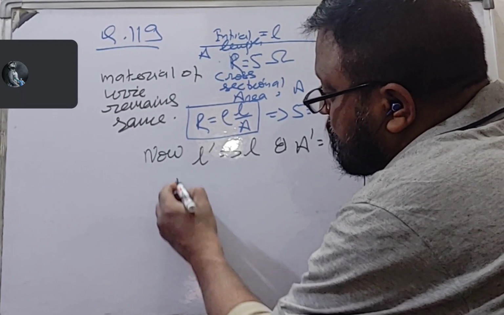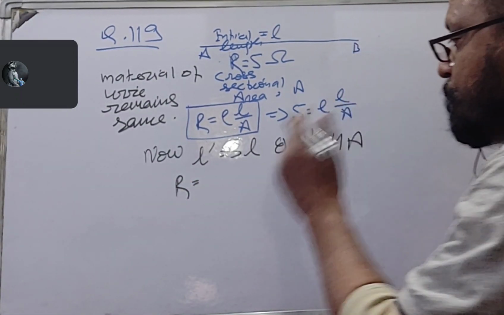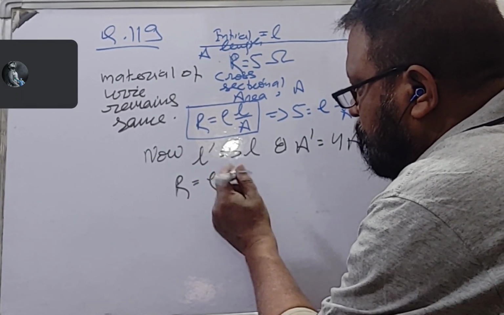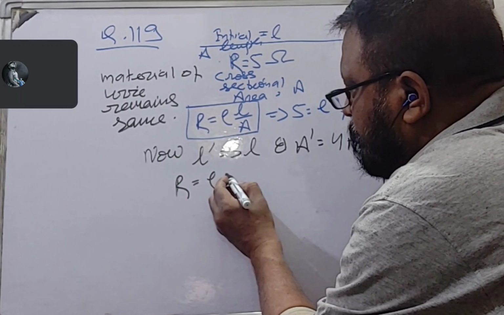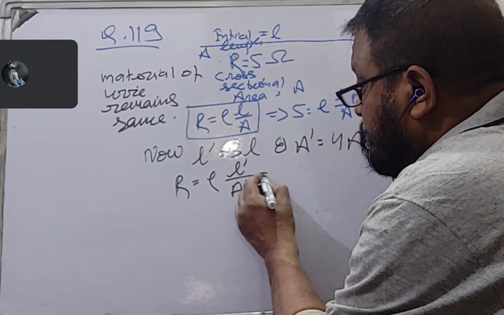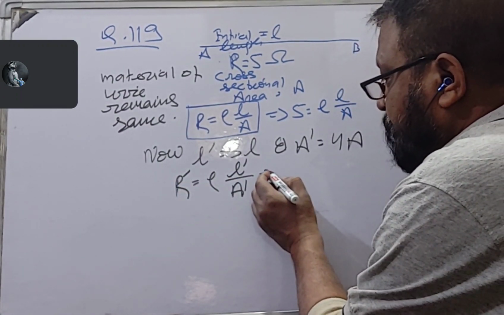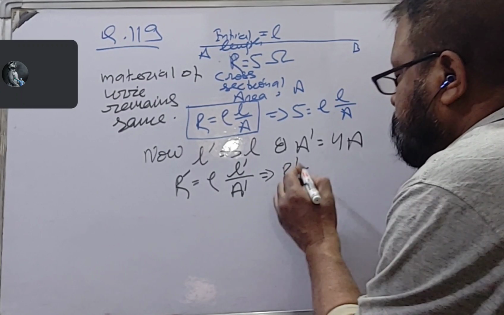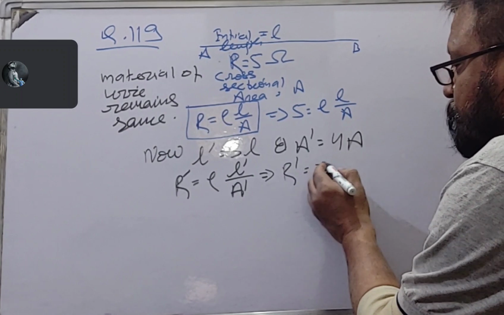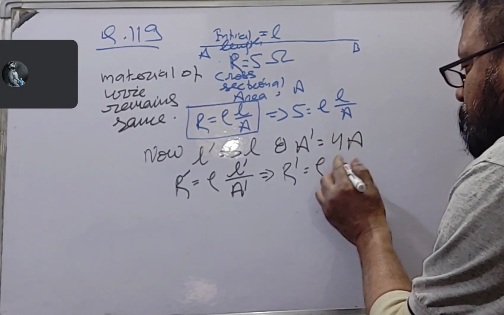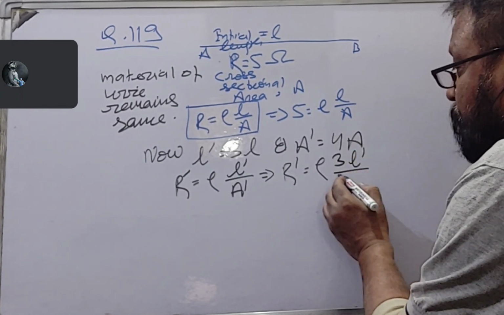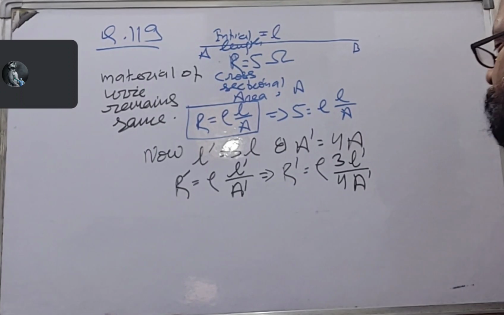So now resistance R dash is equal to rho into L dash upon A dash. So it becomes R dash is equal to rho into 3L upon 4A.